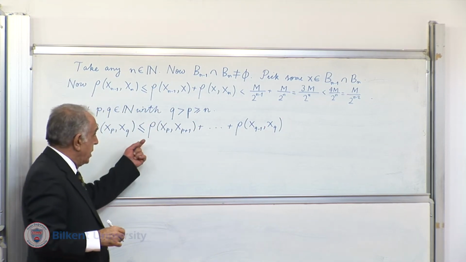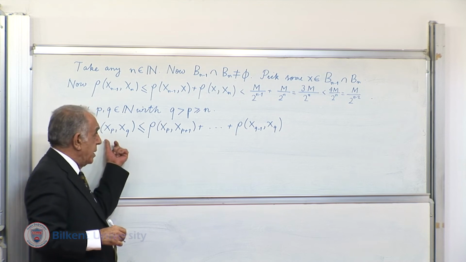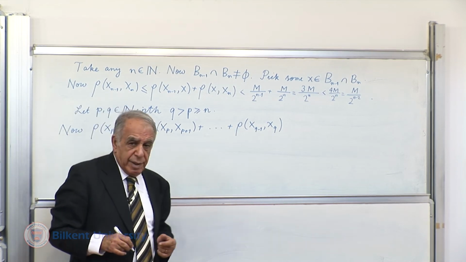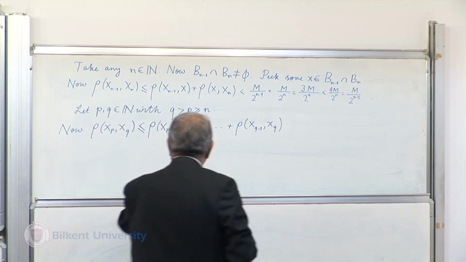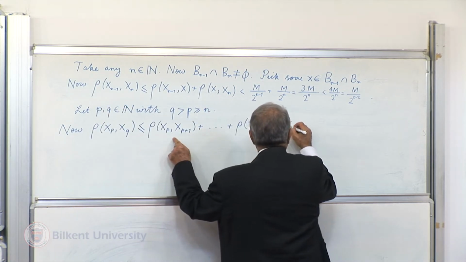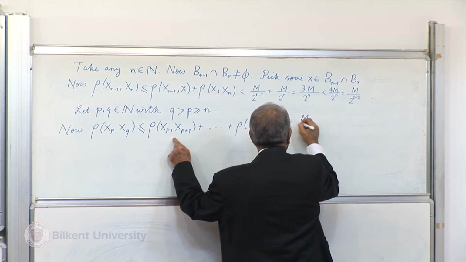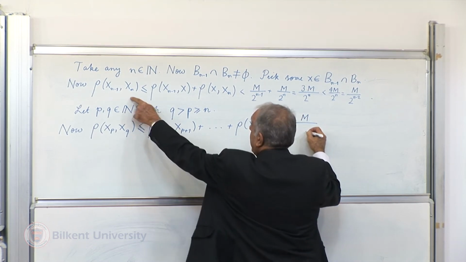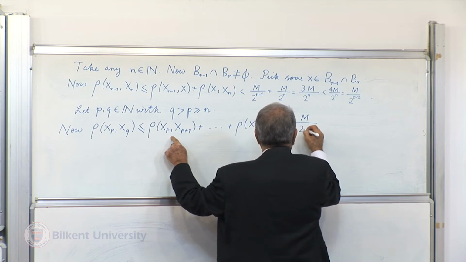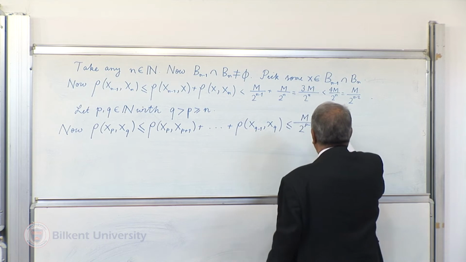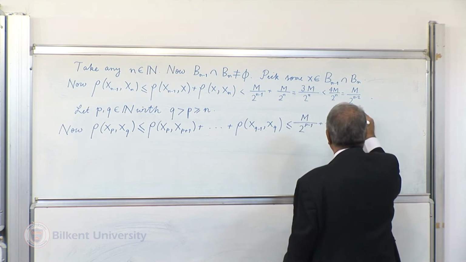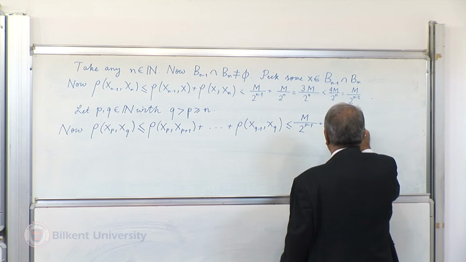So this is an upper bound in terms of distances between consecutive points. Now this will be less than or equal to m over 2 to the power p minus 1, then plus m over 2 to the power q minus 2.